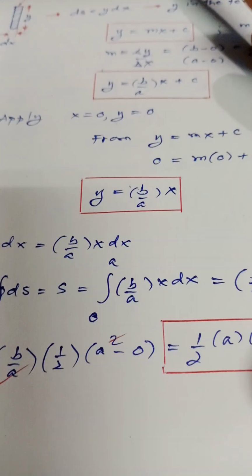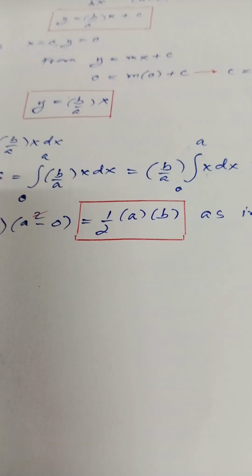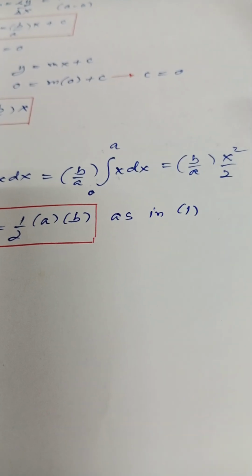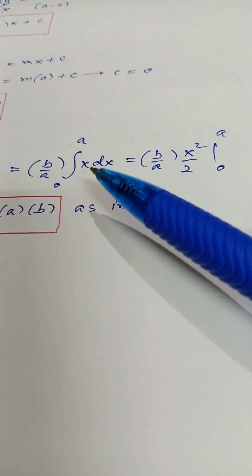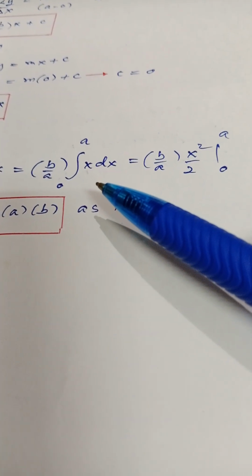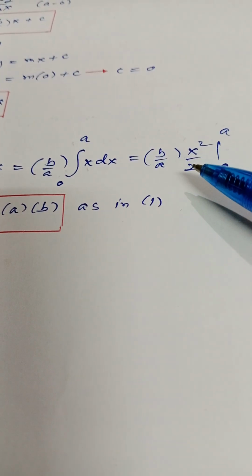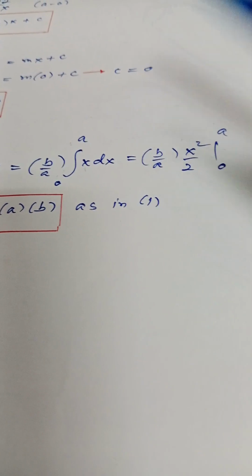Okay. And this is a very simple integration. So you end up with x to the power 1 plus 1 divided by 1 plus 1, so you have x squared divided by 2. And then you apply the lower limit and upper limit.